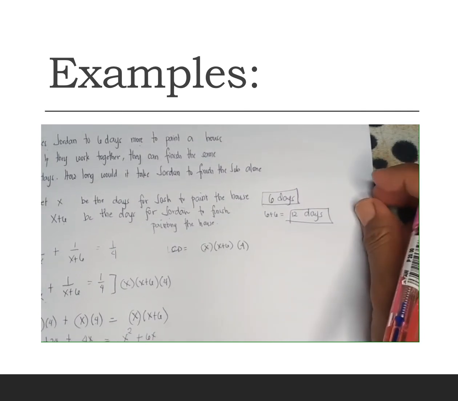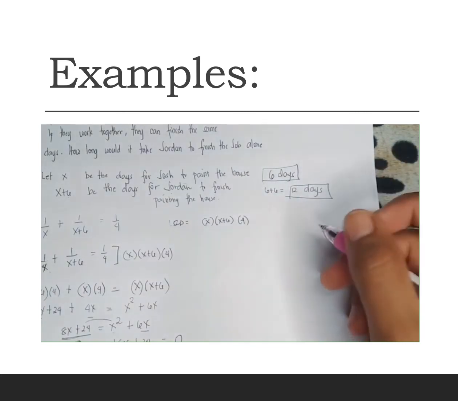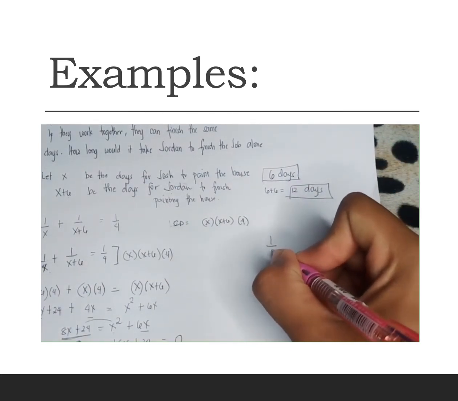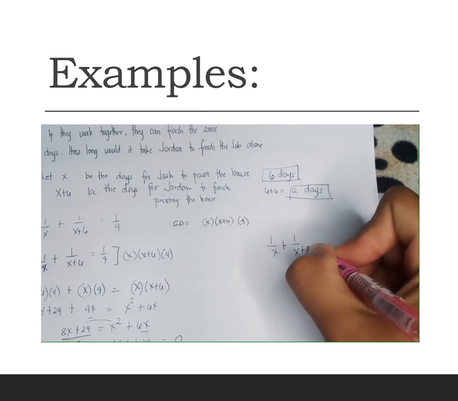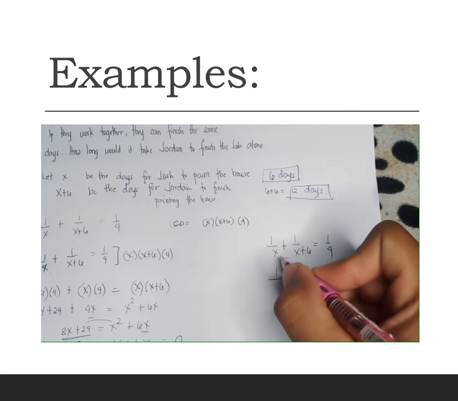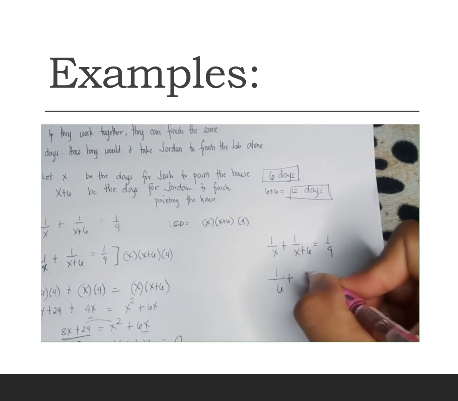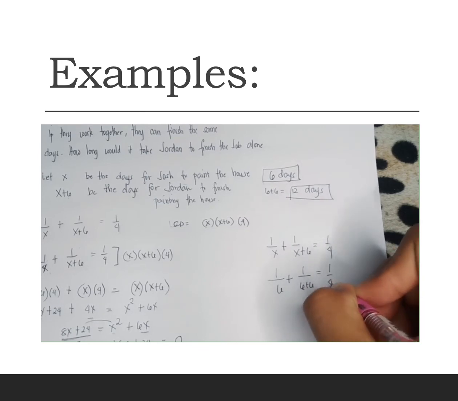And for the checking, let's see if our answers are correct. So we have 1 over x plus 1 over x plus 6 is equal to 1 over 4. So 1 over, what is x? 6, plus 1 over 6 plus 6 is equal to 1 over 4.